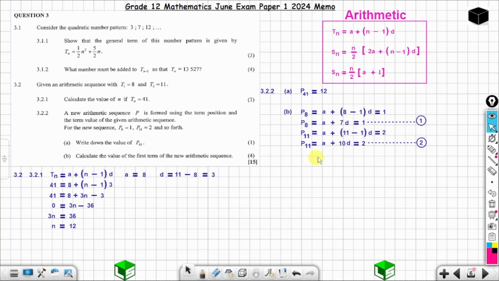From equation 1 or 2, you can make D or A the subject of the formula. Let me use equation 1. So from equation 1, A is equal to 1 minus 7D.